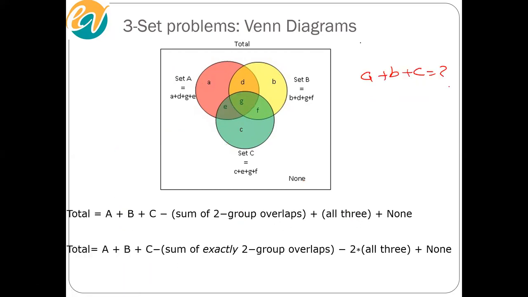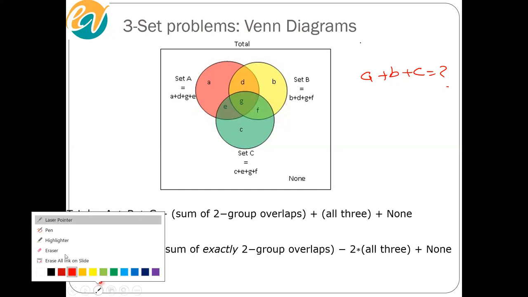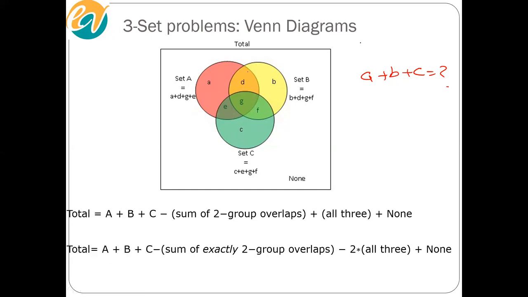How do we find it? From the entire shaded area, if we subtract exactly 2 and we further subtract all the 3, we are left with this.